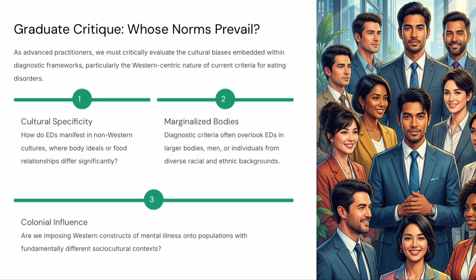This reflects Western cultural values where thinness is often linked to health, discipline, and success. The problem is that these values are treated as if they are universal, even though they are culturally specific. From the very beginning, our understanding of what counts as an eating disorder is shaped by Western norms.